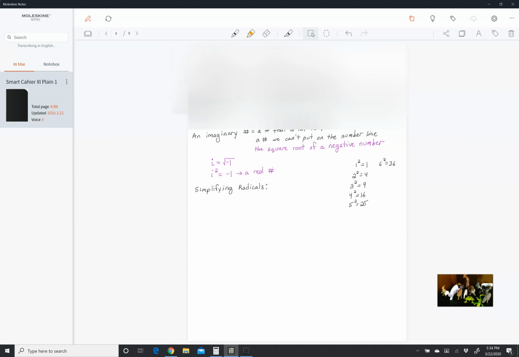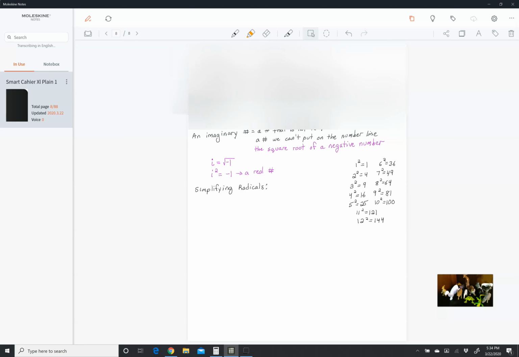These are just helpful things for you to know so that things just go a little bit faster. Again, you can always put it into your calculator, but knowing these things just makes everything go a little bit faster. So we have 9 squared equals 81, 10 squared is 100. Okay, you might even go further than that, and not a lot of people know it, but 11 squared is 121. 12 squared is 144.